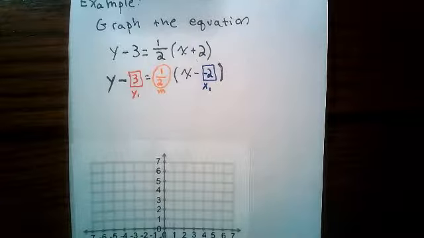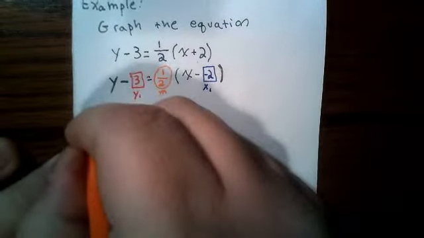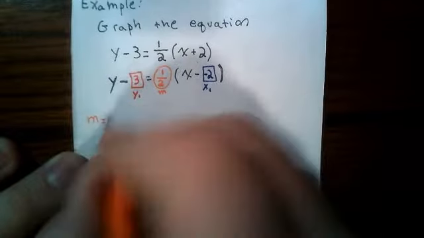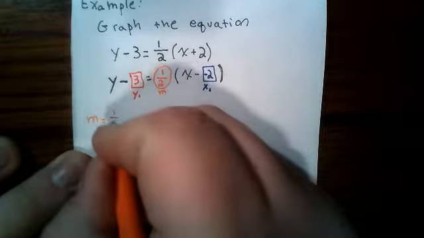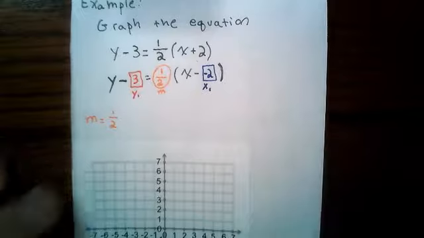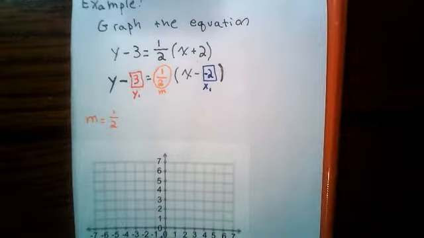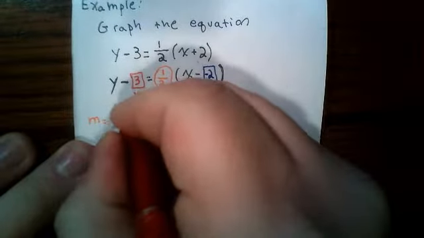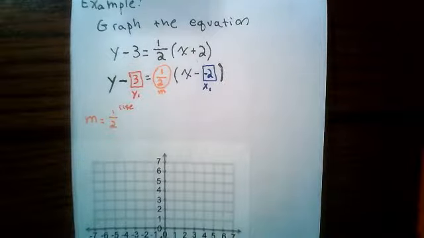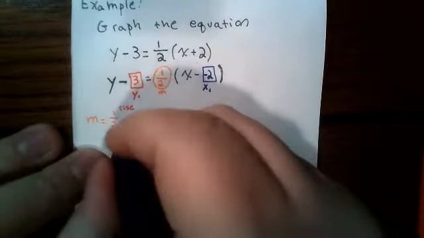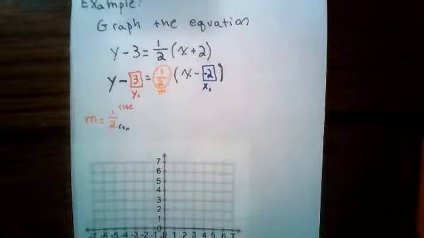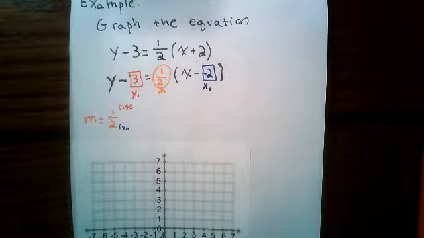And now that we have all the information we need, we know that the slope is 1/2. Okay. That's my rise and my run. And I also have a point.